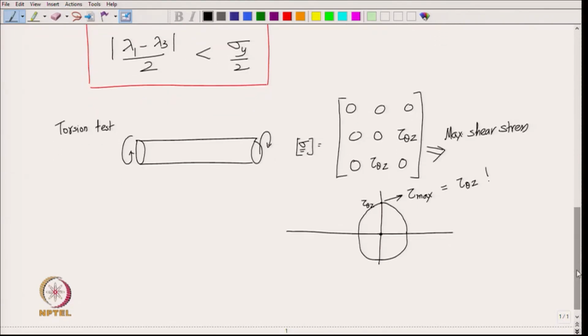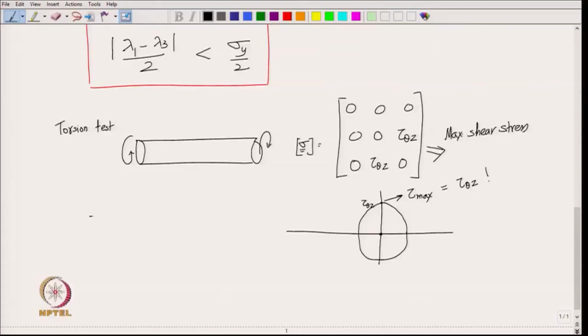And you can find out what is the relation between the tau theta z and the torque applied. See, tau theta z, for example, is G times gamma theta z, and gamma theta z is equal to the twist in the beam times the radial coordinate small r. Okay.